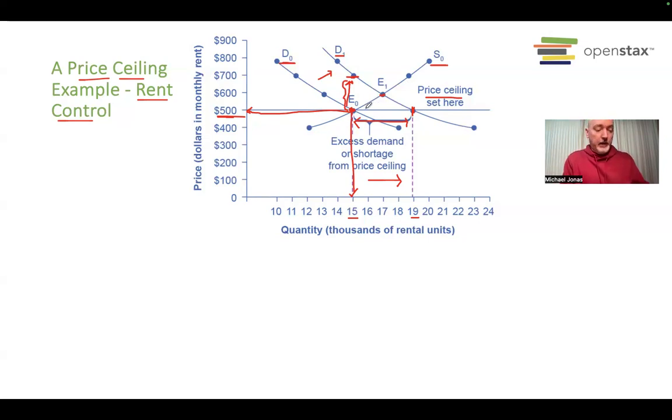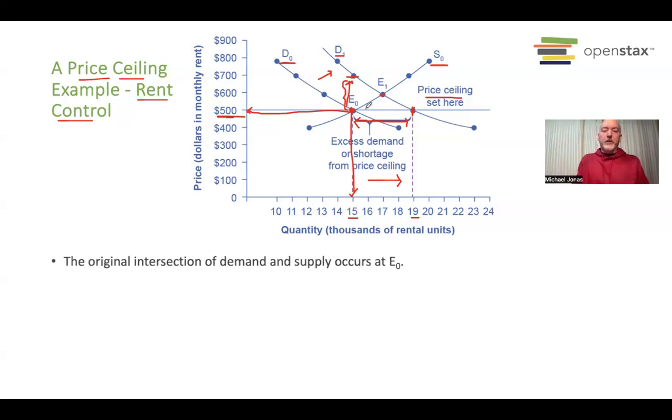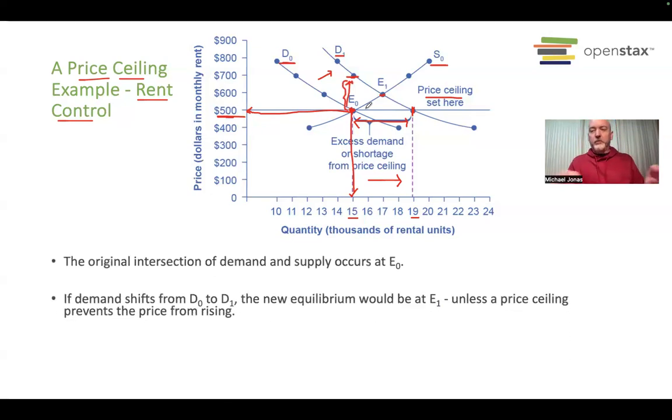So if a landlord has 3 or 4 people wanting to rent for every unit that they have available, they get to pick and choose who gets it, right? And who knows what distinction they're going to make over and above willingness to pay, because that's no longer the distinction. So for our purposes right now, just be able to sketch it out, recognize the shortage that's going to be created every time we have an effective price ceiling.